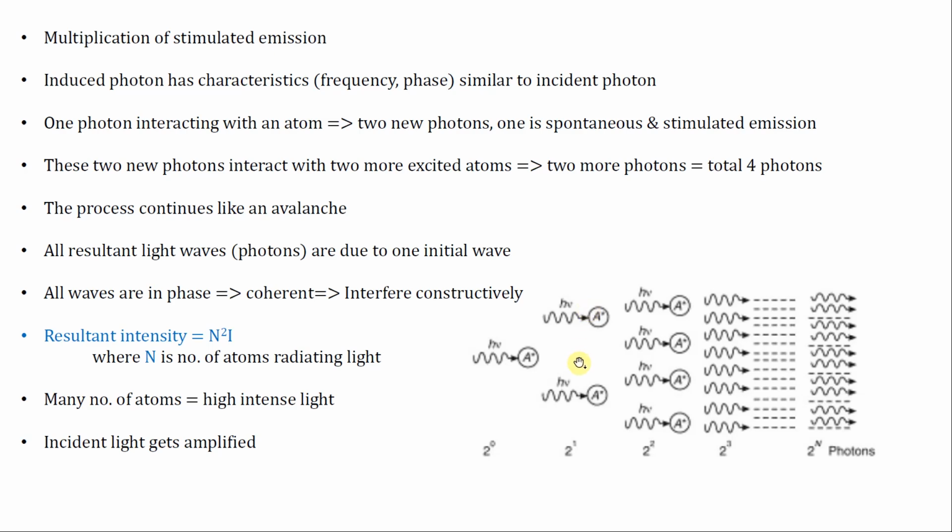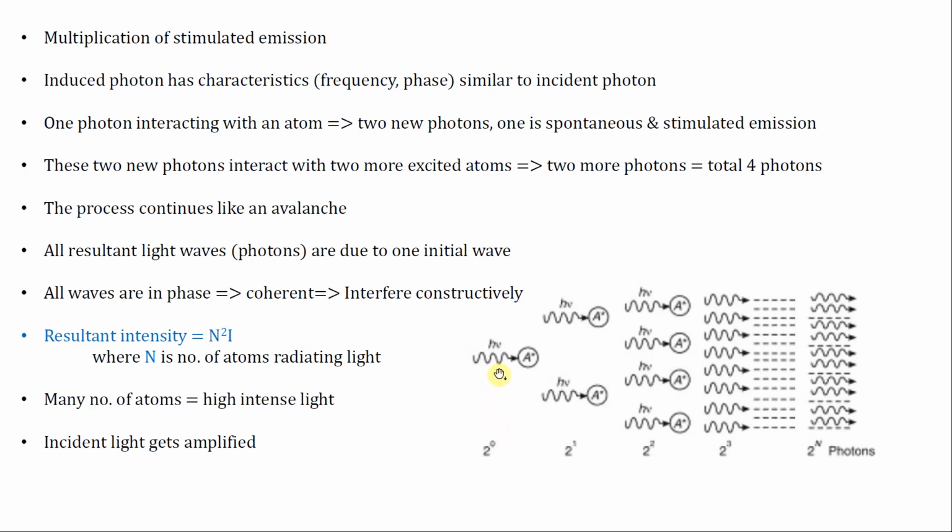These are going to interact with another atom and result in further production of photons, one spontaneous and one stimulated. So this keeps on going like an avalanche process.